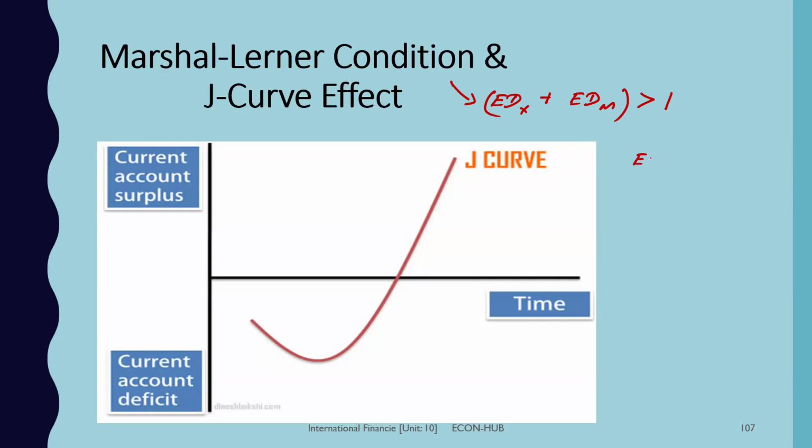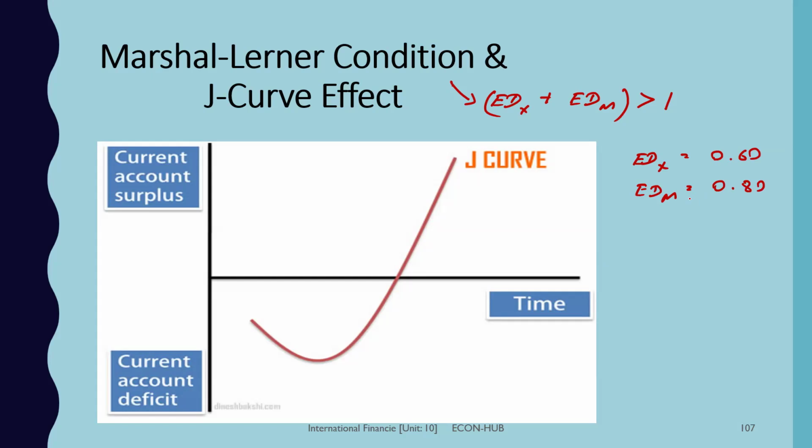They will say elasticity of demand for exports is 0.6. Then they will say elasticity of demand for imports is 0.8. Now, individually, both exports and imports are inelastic.